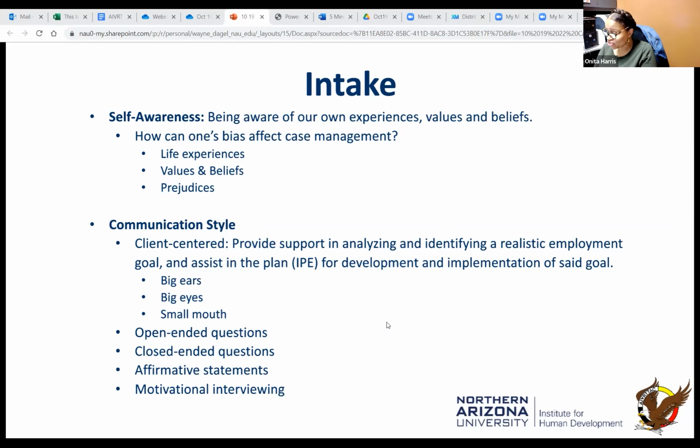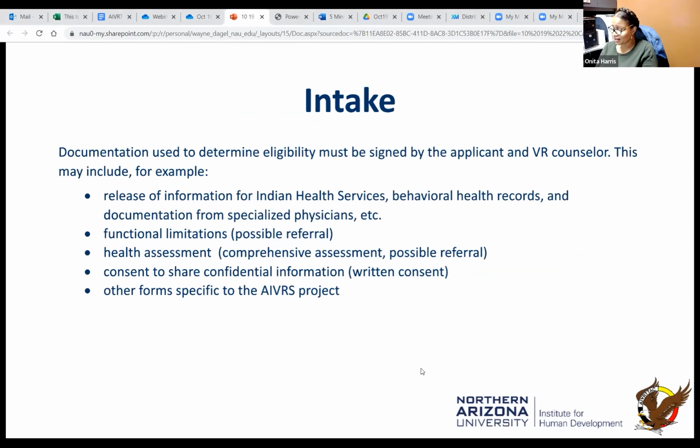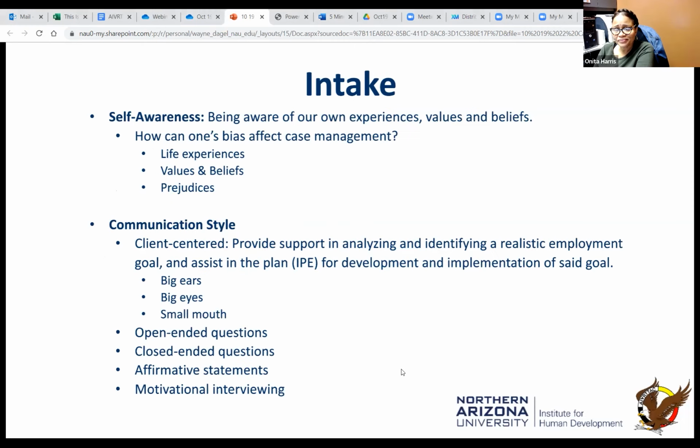And then I think now, Jamie, if you want to, we can go over the communication style handout. Yeah, sure. Everyone should have received an email prior to starting today's presentation, and in that email is a document that says communication style. This is a document that Onita brought to the presentation.